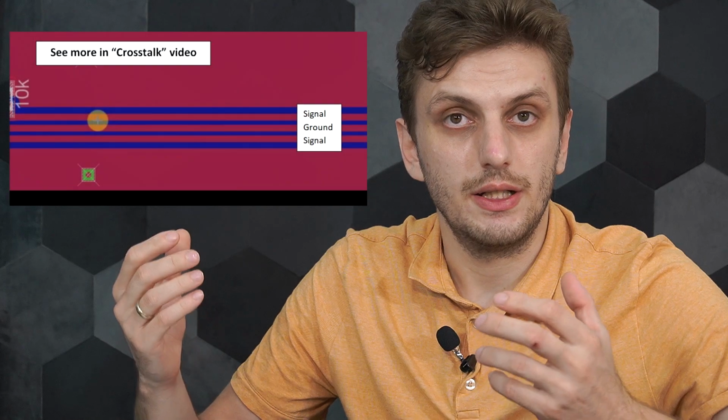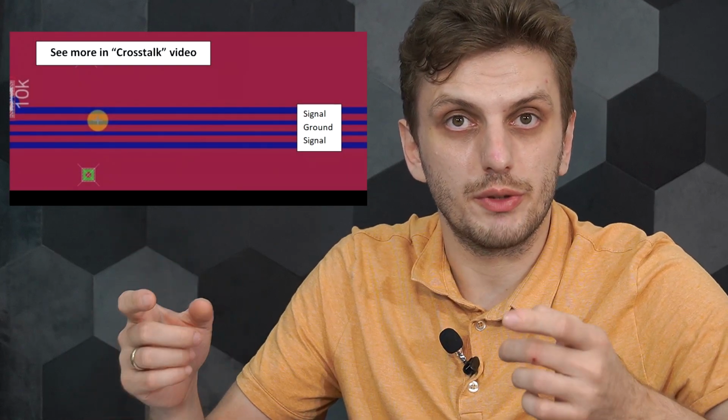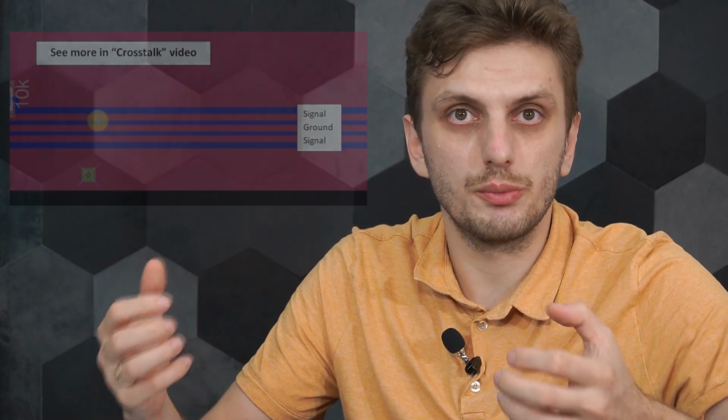So it is possible to obtain some sort of shielding effectiveness with very small surface areas as long as these are properly grounded, and you might see this in real life in the layout in guard traces, so simple traces of copper which are grounded, and these will provide some limited shielding effectiveness.